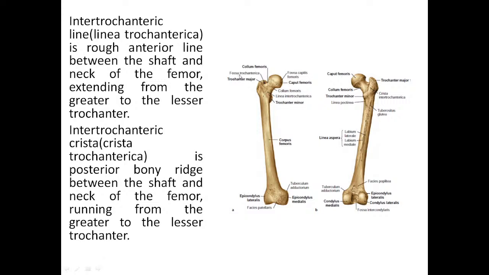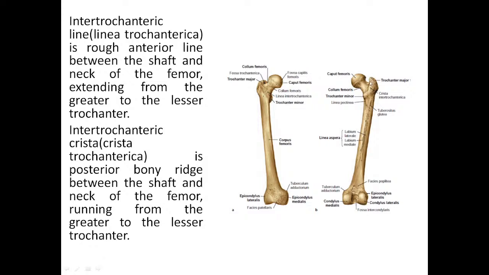Between the fossa trochanterica and trochanter minor is located the linea intertrochanterica. The linea intertrochanterica is a rough anterior line between the shaft and neck of the femur, extending from the greater to the lesser trochanter.